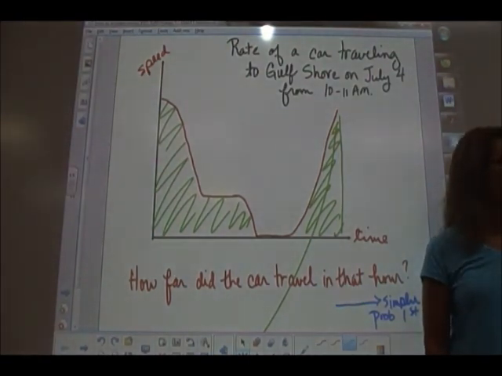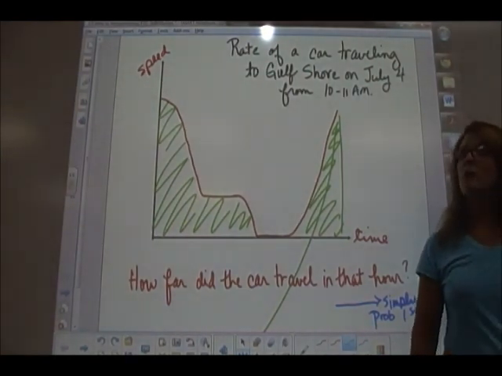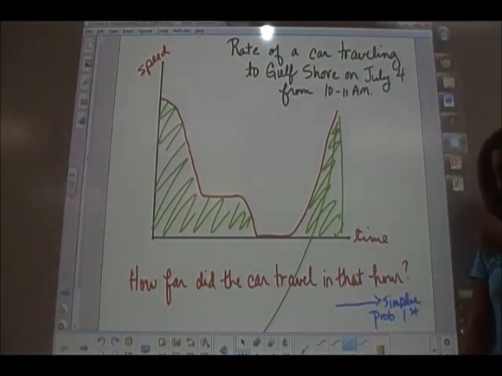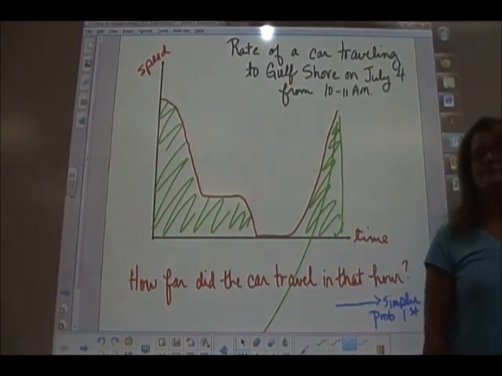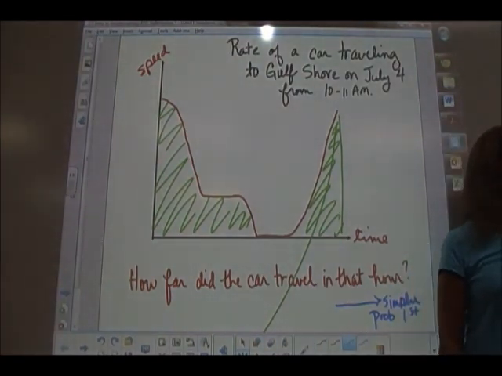It's a big, fat, hairy idea right here. Big idea. How could I estimate, from what I know so far in mathematics, how far I've gone? The green area. Estimate now. Approximate.